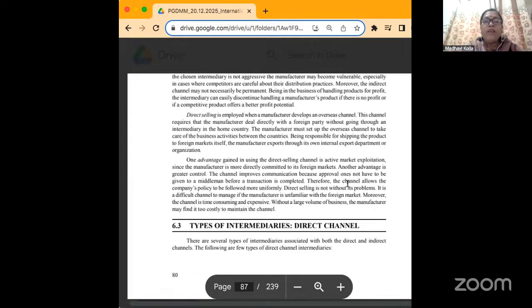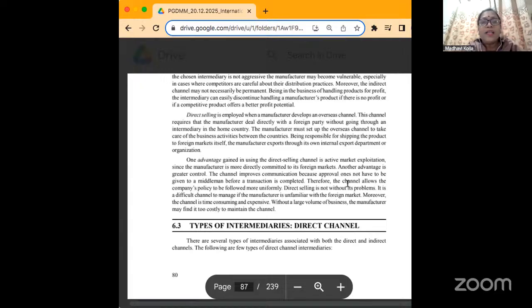So we also talked about direct selling, where we said that it is a manufacturer who is taking the advantage and help of an overseas channel to supply their products and services. So here, what happens is when it is set up in the overseas market, there are a lot of rules and regulations which are being governed not only from the home country but also the host country in terms of shipment, in terms of cargo size, in terms of packaging, in terms of the credit line.